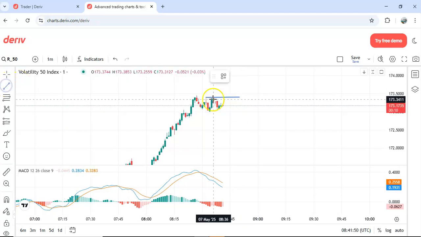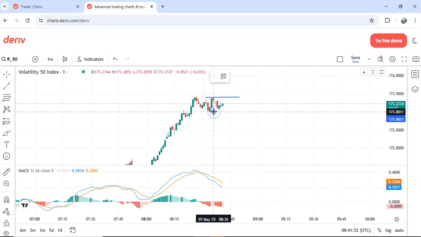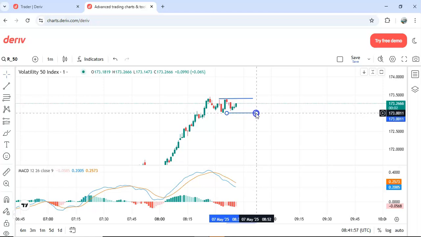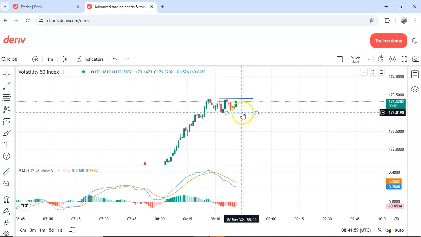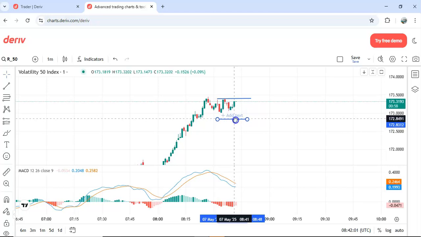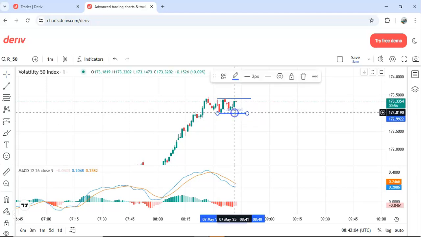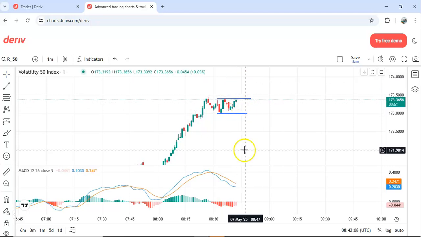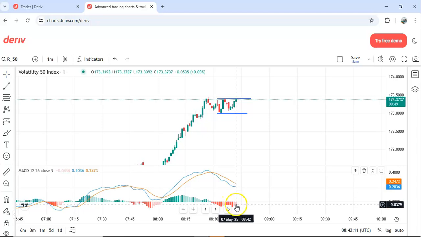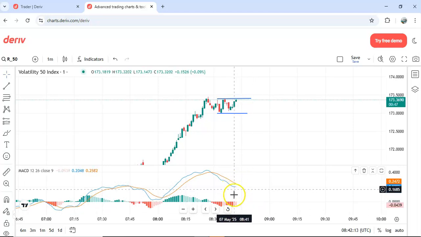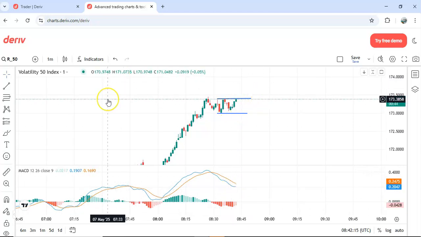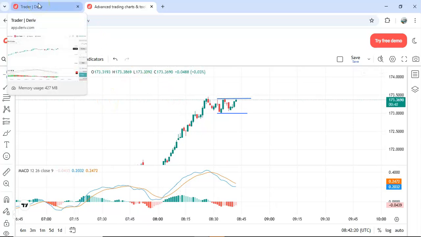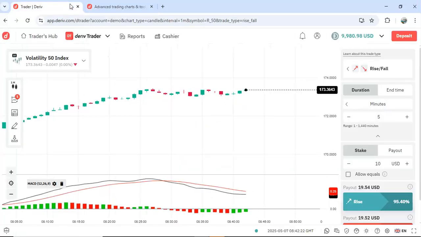So you just go to the recent high of the candlestick, and then I'm going to the previous one here. So let me see here. So we are going to wait for the market to reach above here or down.